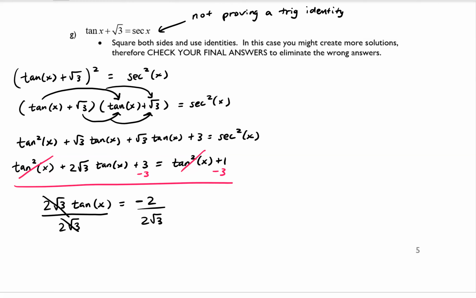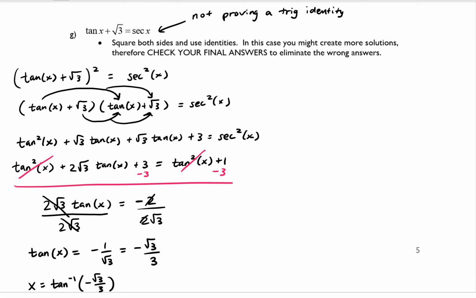So those will divide, and we'll get tangent of x is equal to, these 2's will divide, and we'll be left with negative 1 over the square root of 3, which is the same thing as negative root 3 over 3. So now, if I apply tangent inverse to both sides, we get x is equal to tan inverse of negative root 3 over 3.